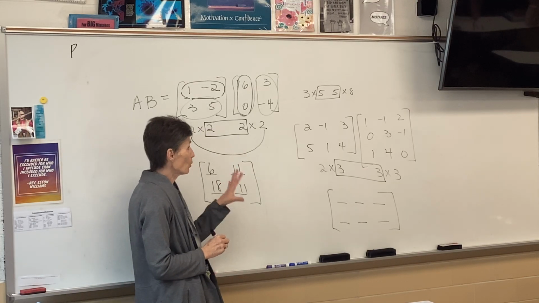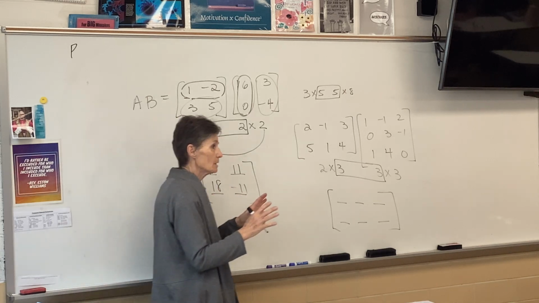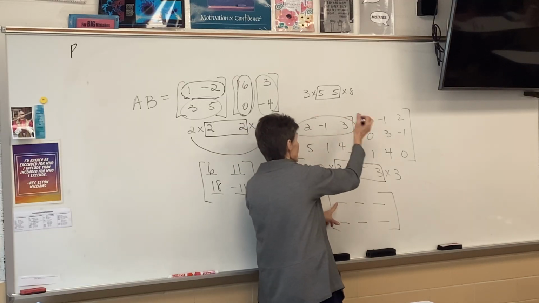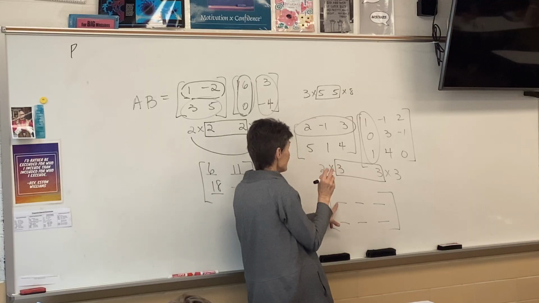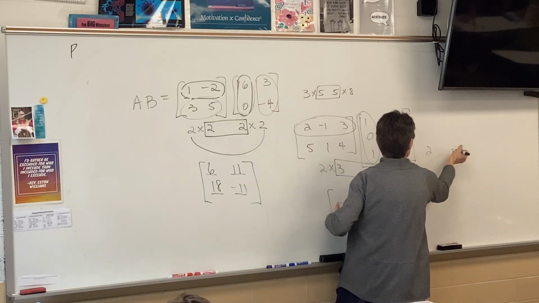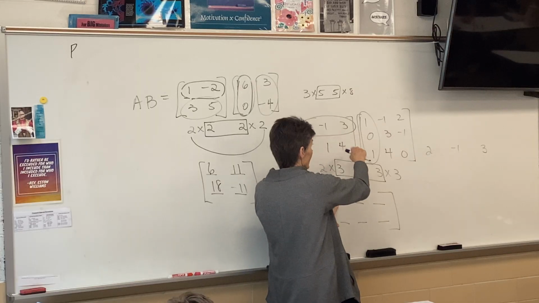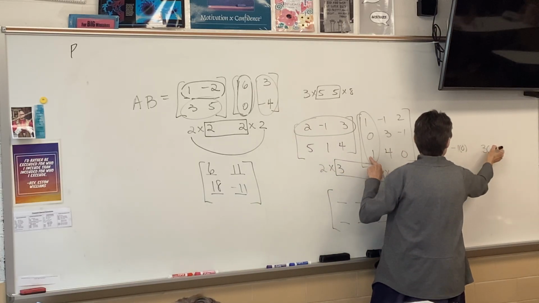Now, this is going to work the same way, it's just bigger. So to fill this, we'll take row 1 times column 1. There's a lot to keep track of. So 2, -1, 3, that's row 1. And then column 1, 1, 0, 1.